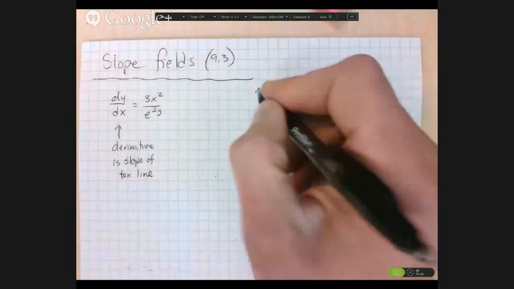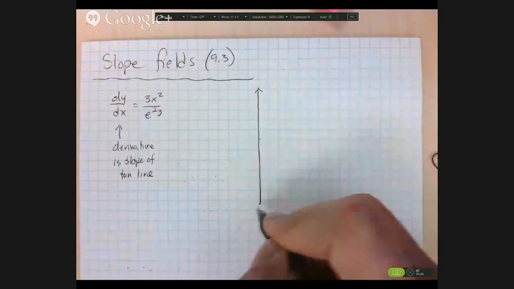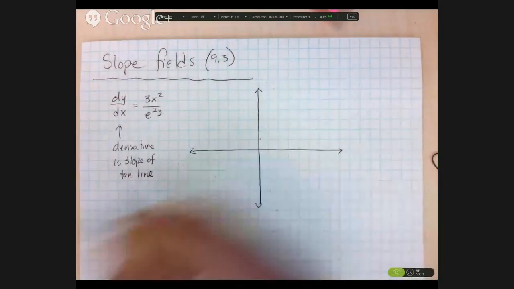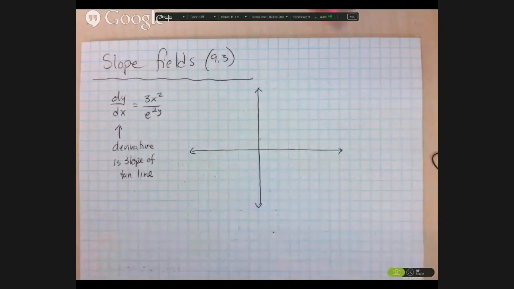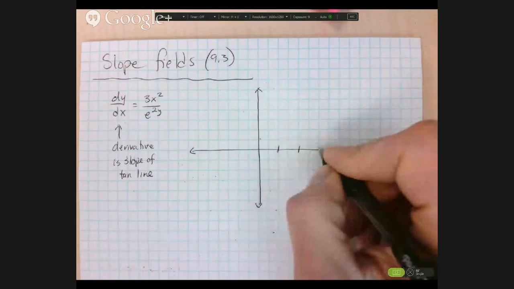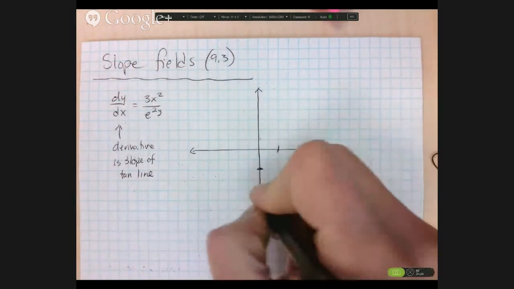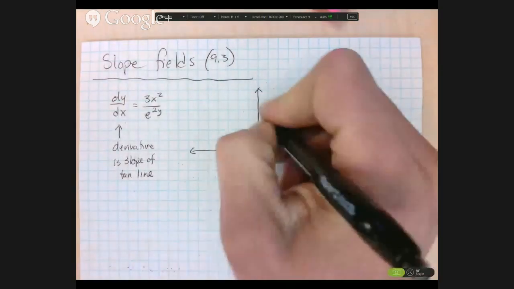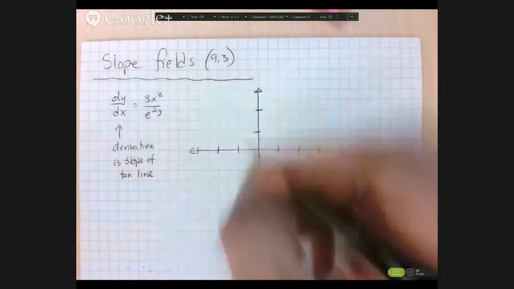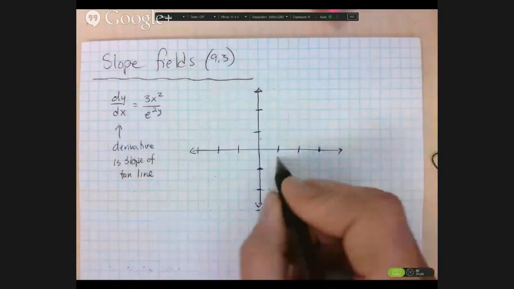So let's first draw a grid. And I want to scale it so that you can see it easier. Those are 1, 2, and 3.